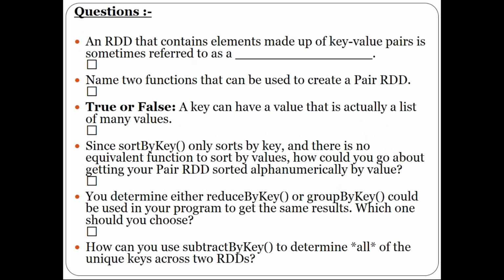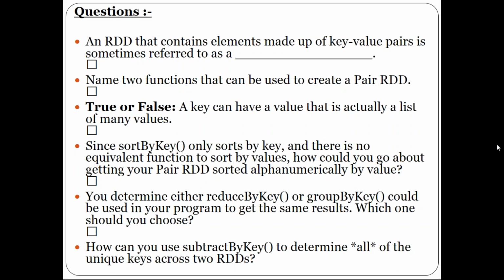Next one, let's quickly answer three questions. An RDD that contains elements made up of key value pairs is sometimes referred to as dash. Quick answers please.